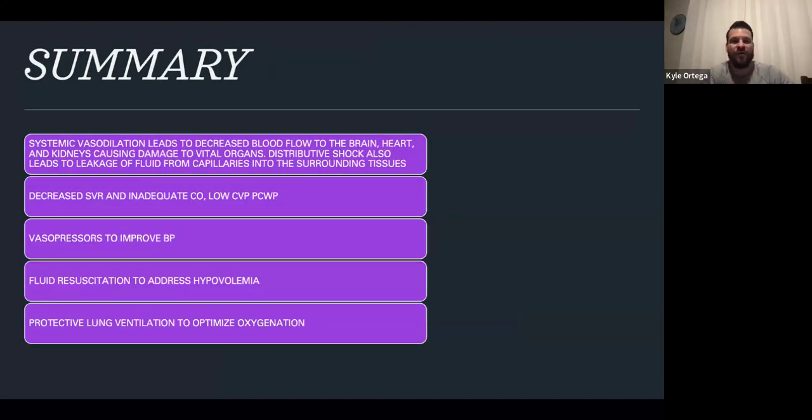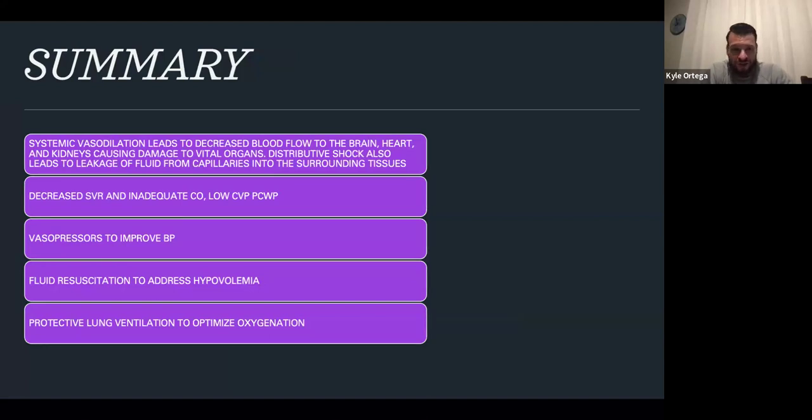So to wrap all this up, with distributive shock, like I said, systemic vasodilation leads to decreased blood flow to the brain, the heart, and kidneys, causing damage to vital organs. Distributive shock also leads to leakage of fluid from capillaries into the surrounding tissues. There's decreased systemic vascular resistance, an inadequate cardiac output, and low central venous pressure as well as pulmonary capillary wedge pressure.